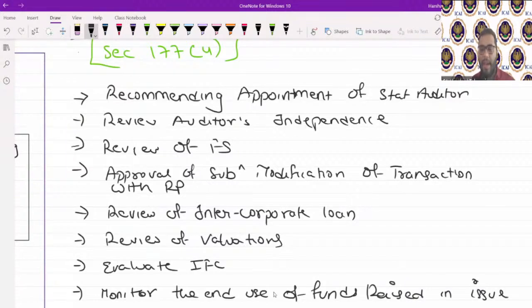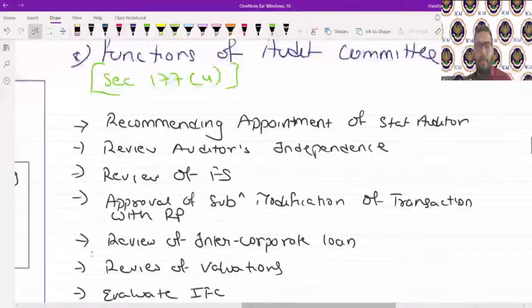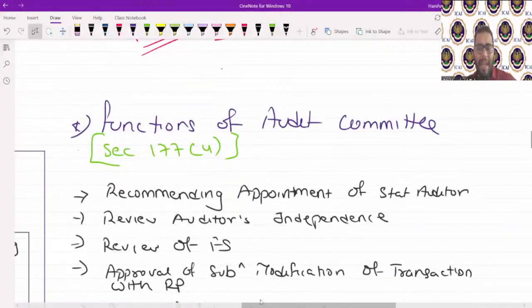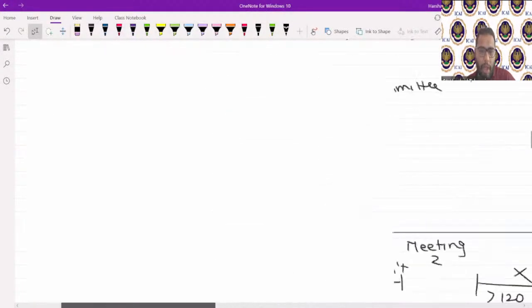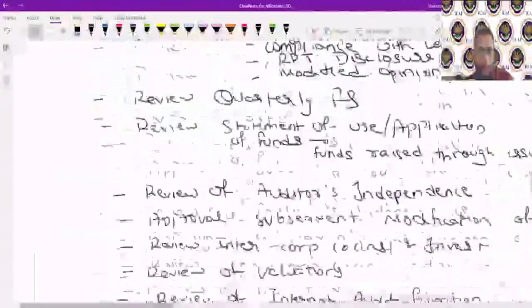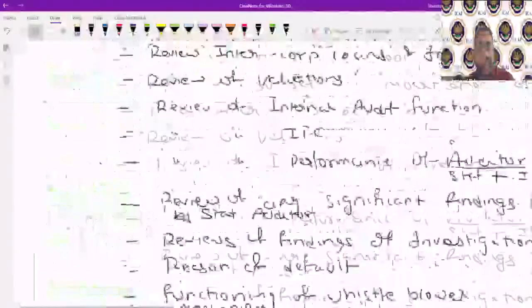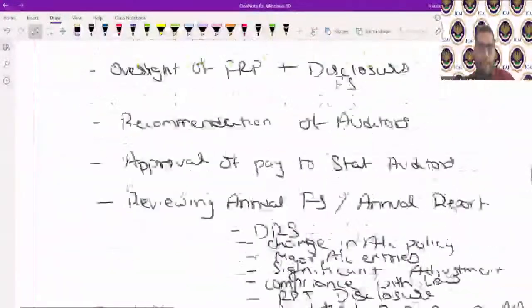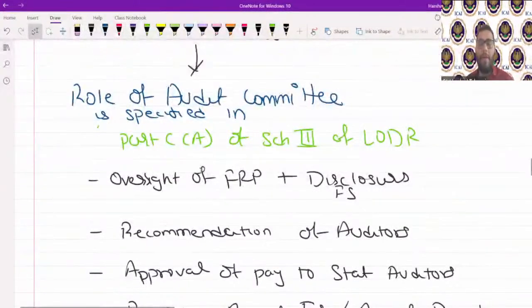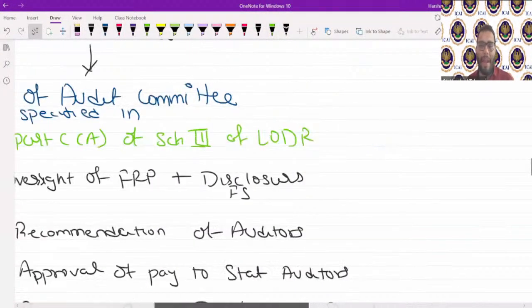So whatever funds are raised, monitor whether the funds are used for that particular purpose or not. So that was the role and function of the audit committee. This is much shorter compared to the role we saw over here, with so many points, but these points are the same as part C, subpart A of Schedule 3 of LODR. So these are also present in LODR.